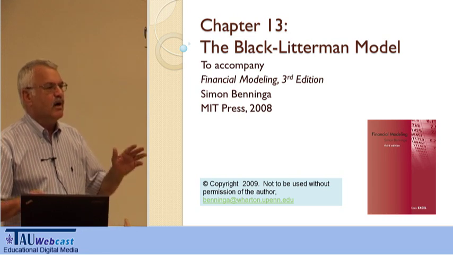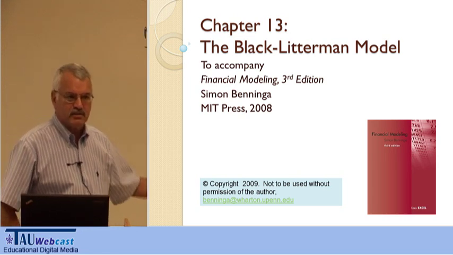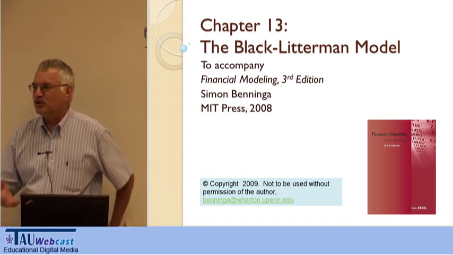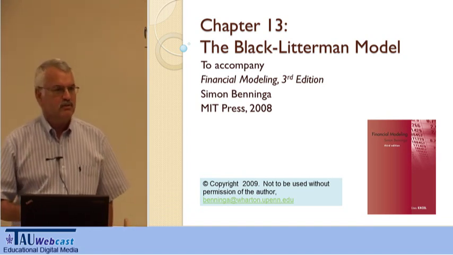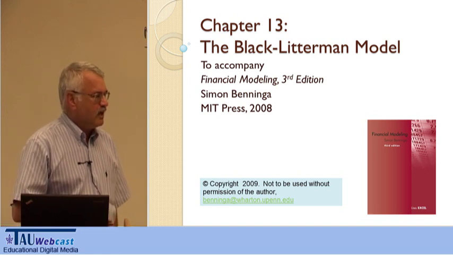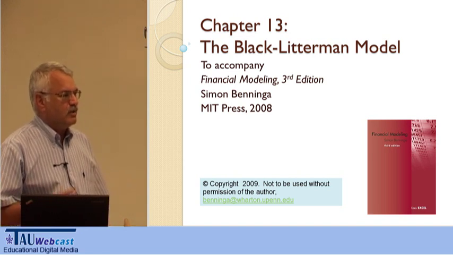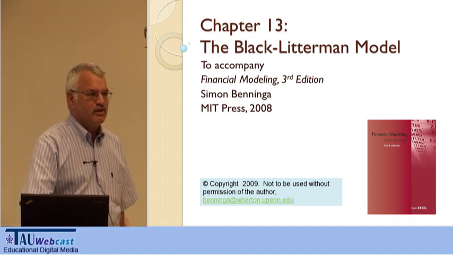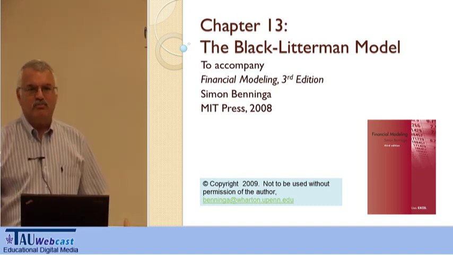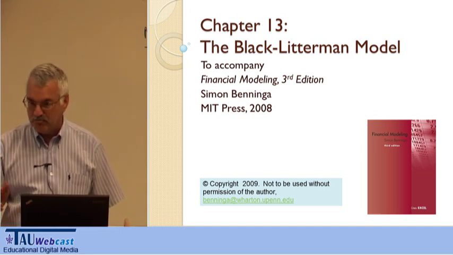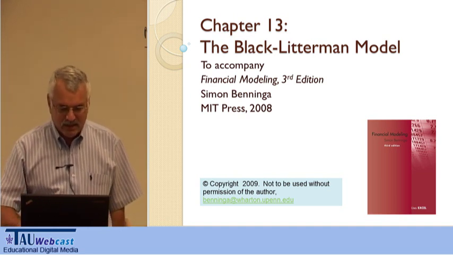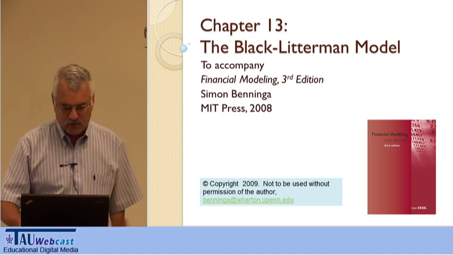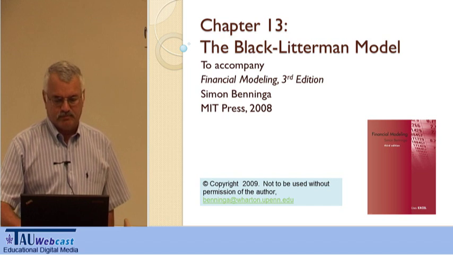Okay, so Black is Fisher Black, the same. So this is sort of my Fisher Black memorial lecture. The first half of the lecture, I do the Black-Litterman model, and the second half of the class, I do the Black-Scholes model. The same Black, quite a guy, and Mr. Litterman, who was at Goldman Sachs, or was.